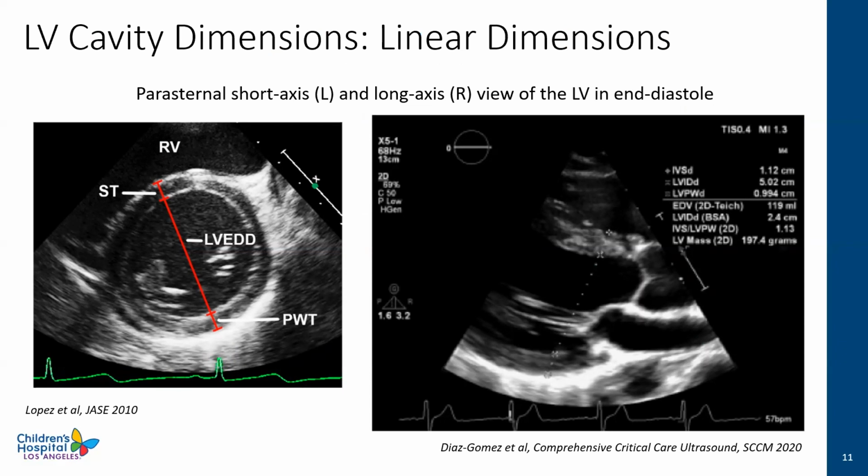And so you're trying to measure your LV end-diastolic dimension in that view at the maximum dilation, which is usually at the area of the papillary muscles. In adults, they tend to do this in the parasternal long axis view. And that is because for adults, the structure of the LV tends to get a little bit more obscured when you use the short axis view.